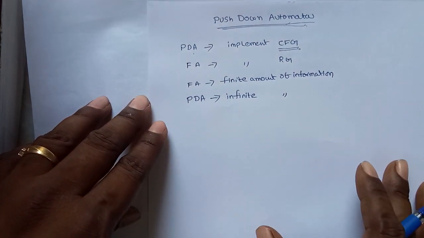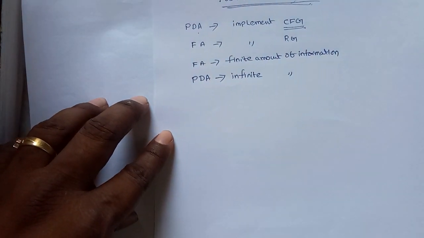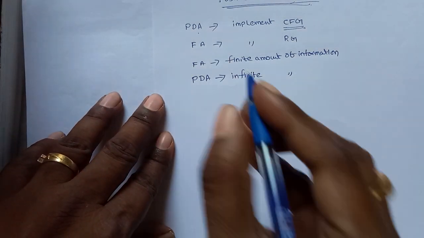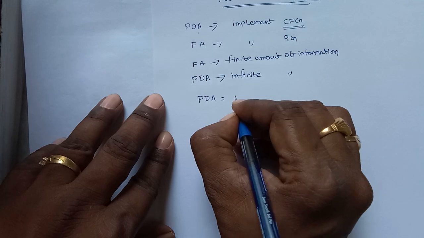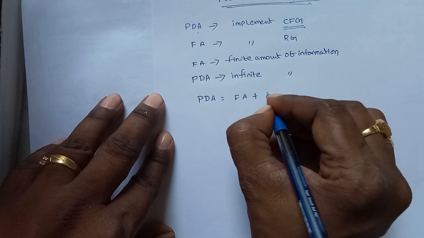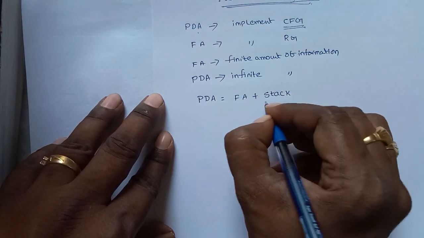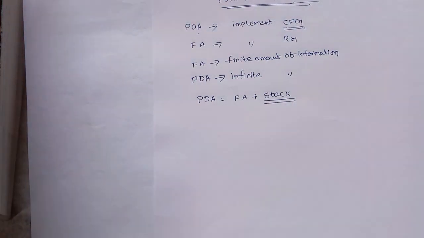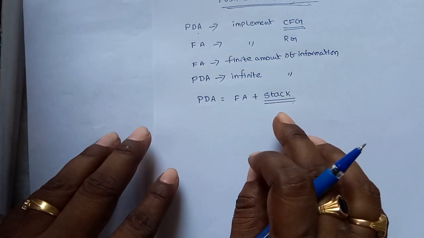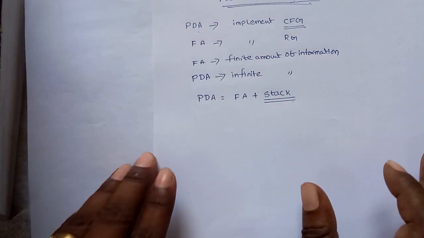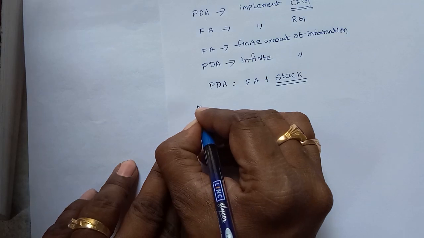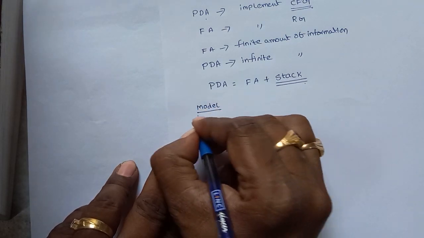In simple terms, push down automata is equal to a finite automata plus some stack. A finite automata plus some external memory, that is simply a stack. Now the model for push down automata.